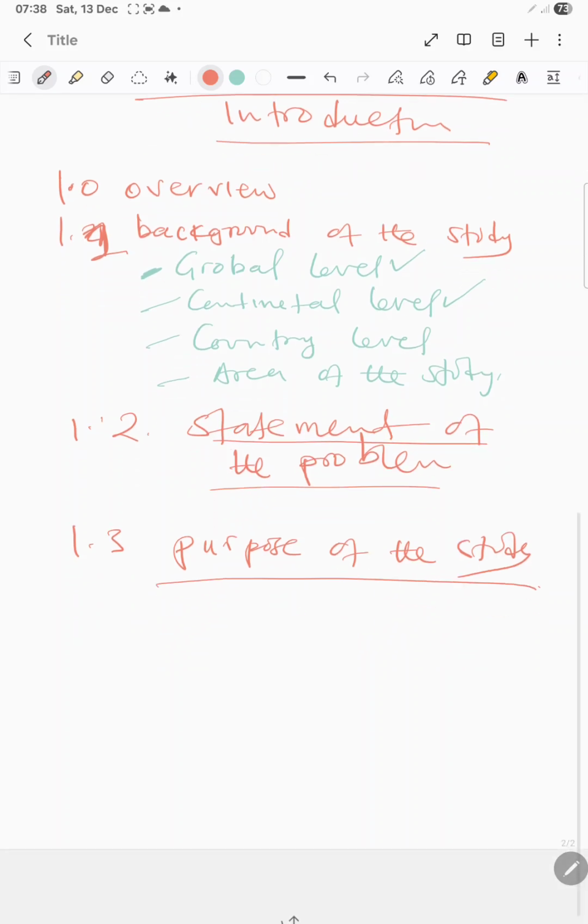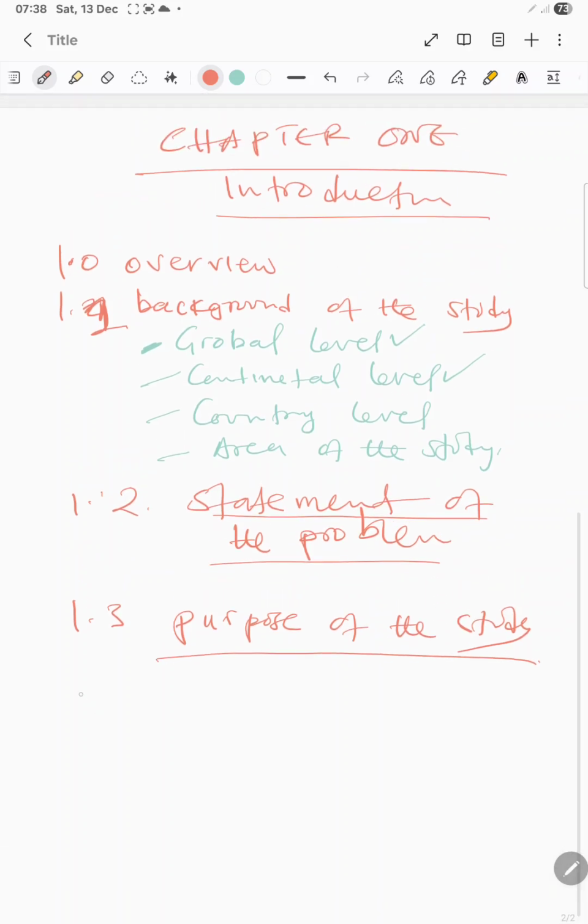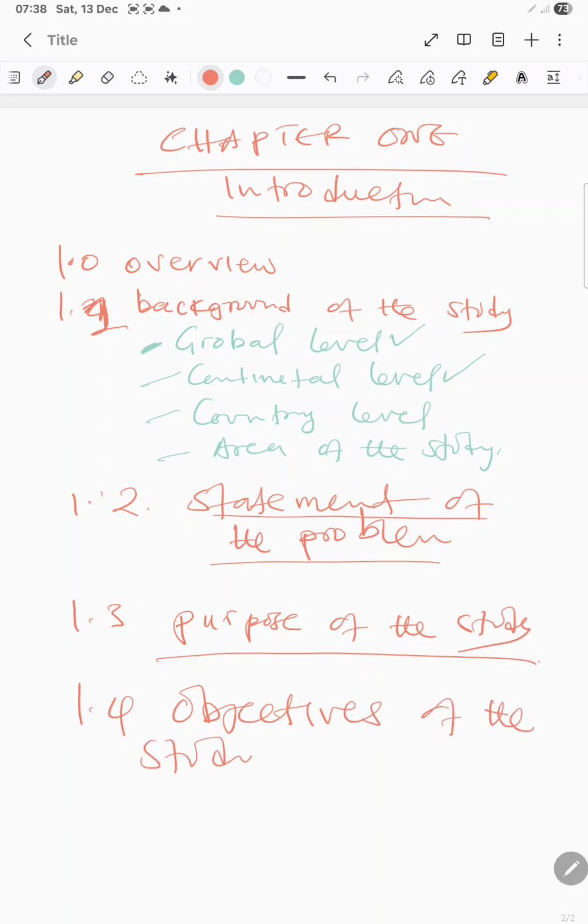All right, apart from the purpose of the study, we go to the objectives. So we have 1.4, which we call the objectives of the study. Now, what are these objectives of the study? So objectives of the study are simply those things that you would want to achieve, okay?